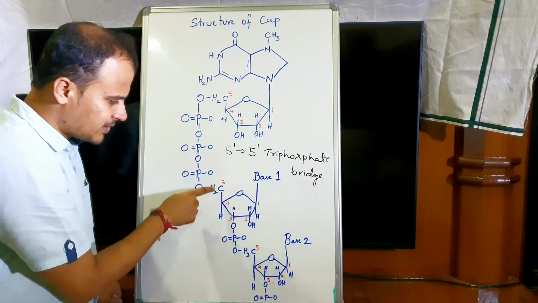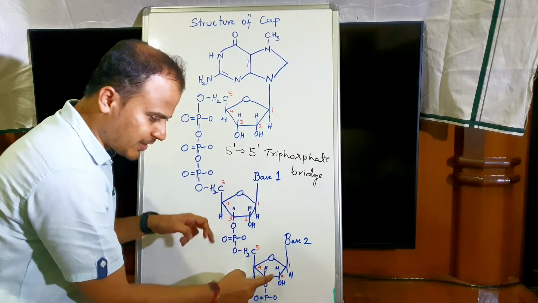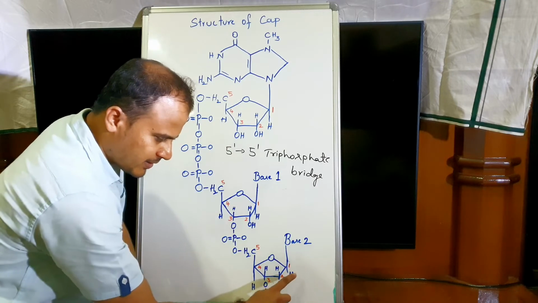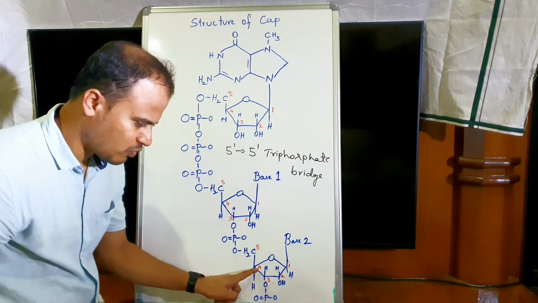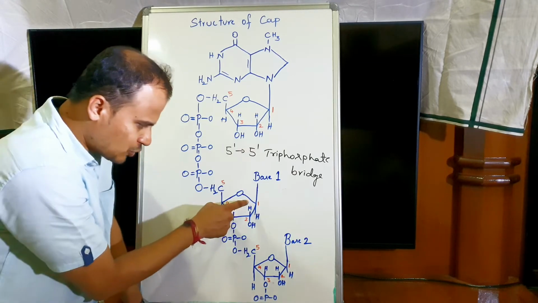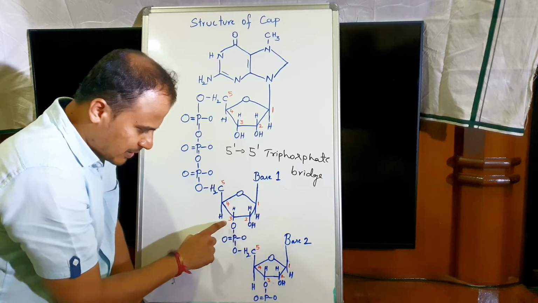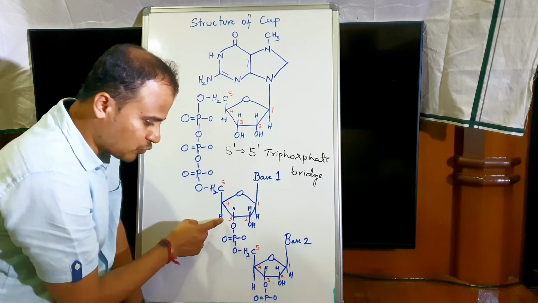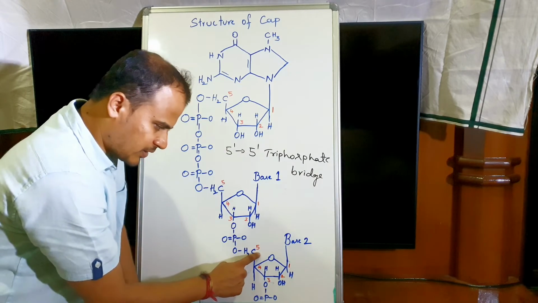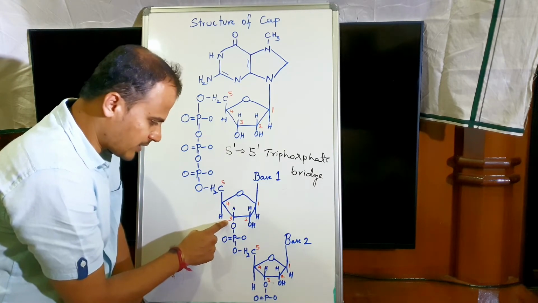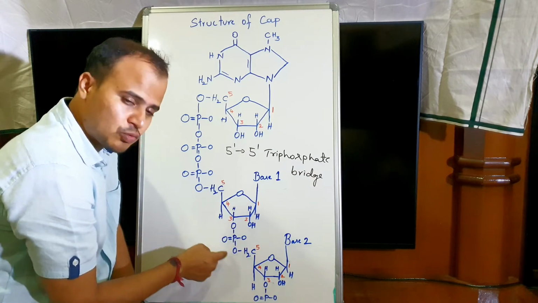One more thing: if you notice the interaction between the first nucleotide and the second nucleotide, I have numbered the carbon atoms again. First carbon atom, second, third, fourth and fifth carbon atom. With the preceding molecule, first, second, third carbon atom. So there is a phosphodiester bond formation between the fifth carbon atom and the third carbon atom. This is called a 5' to 3' phosphodiester bond.